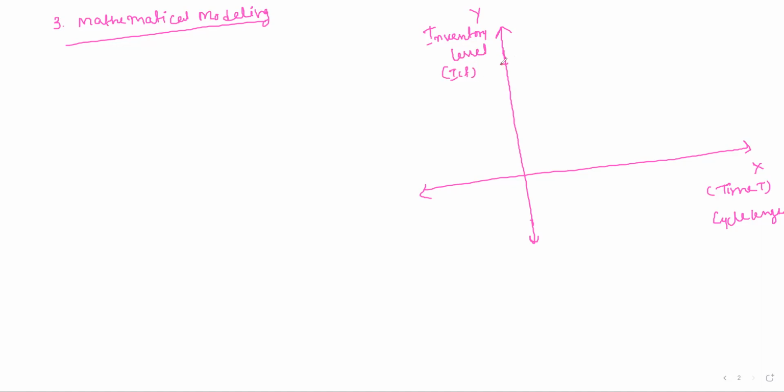Now since this is an order model, suppose the order quantity is this. So here the inventory level is depleted due to the joint effect of demand and deterioration. So the curve may not be flat, it will be like that. And this is due to demand and deterioration.